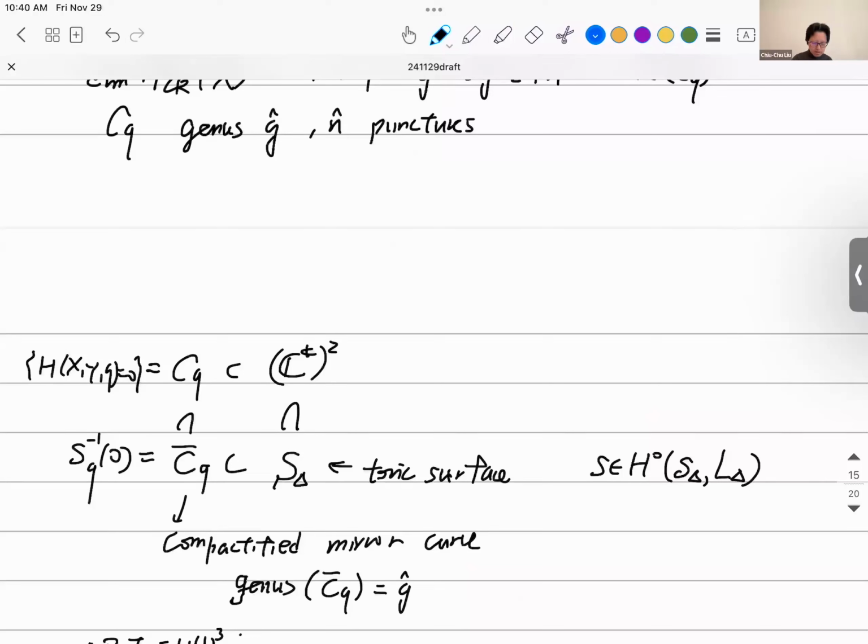Yeah, but this extends to the boundary, and it becomes a section of this line bundle.